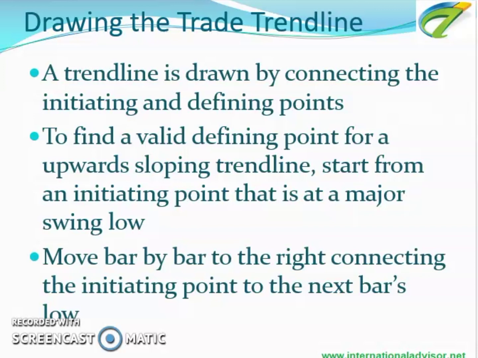To find a valid defining point for an upward sloping trend line, start from an initiating point that is at a major swing low. Move bar by bar to the right, connecting the initiating point to the next bar's slope.